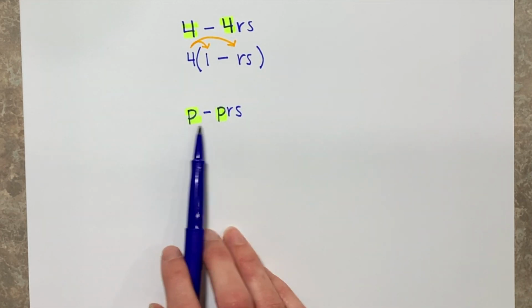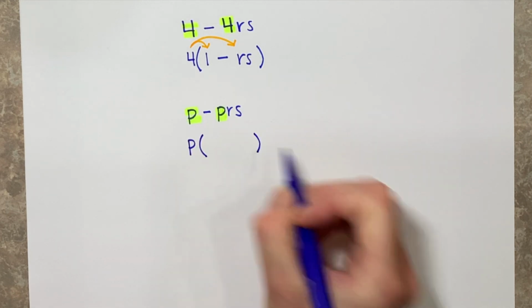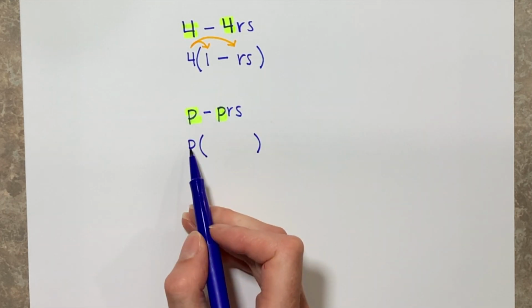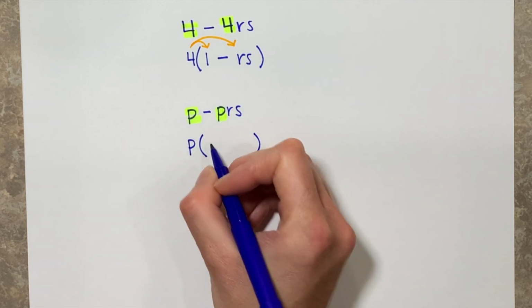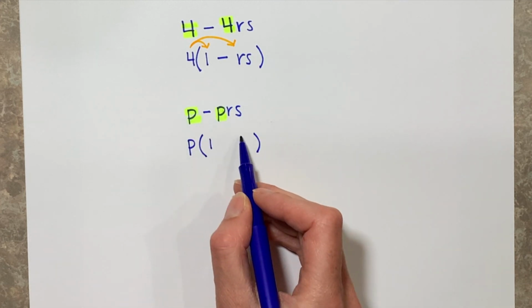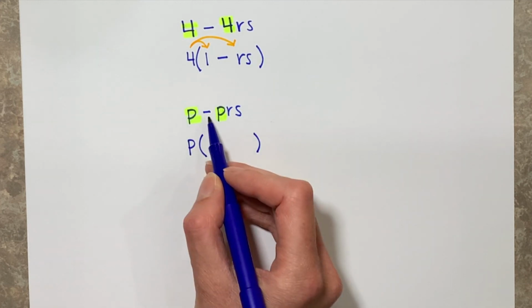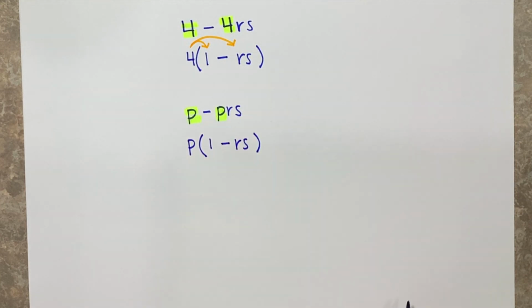The greatest common factor here is a p, so we put a p outside of the parentheses. Then we ask ourselves, if we were to distribute, p times what gives us p? Well, p times 1 gives us p. And then if we were to distribute, p times what gives us negative PRS? P times negative RS gives us our negative PRS.